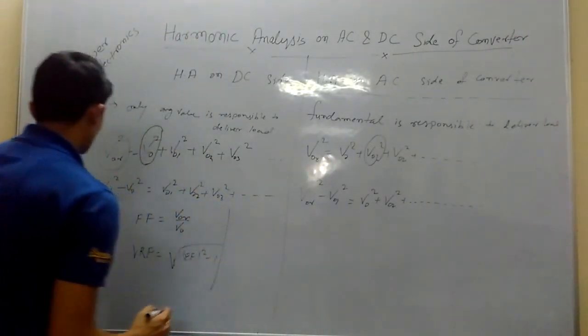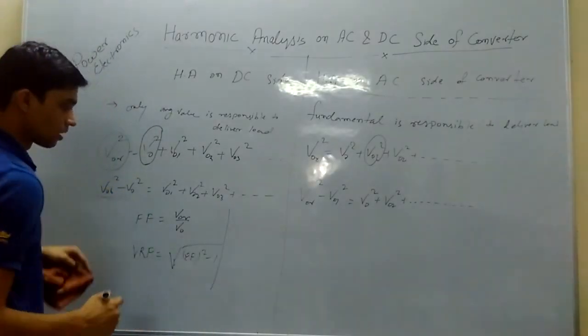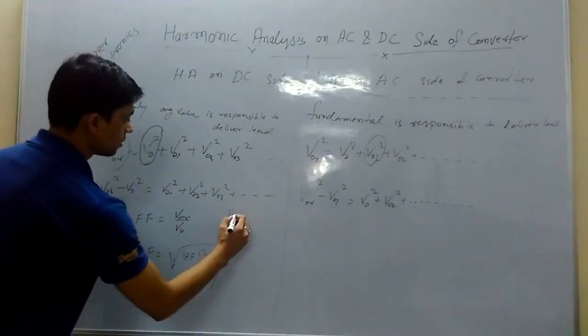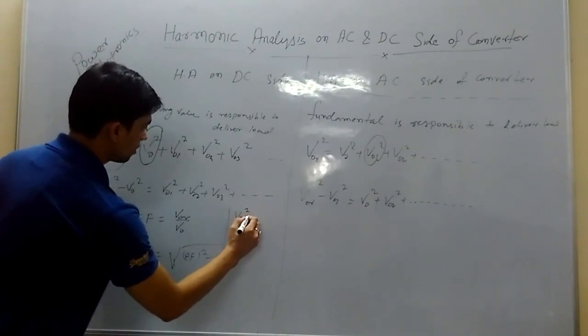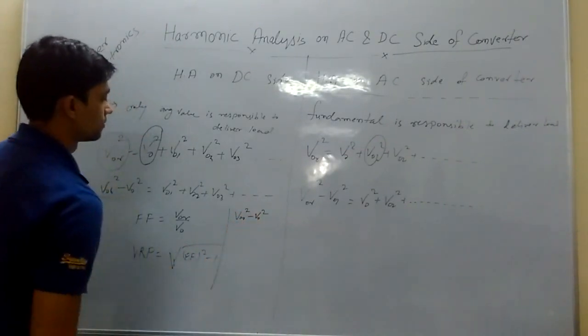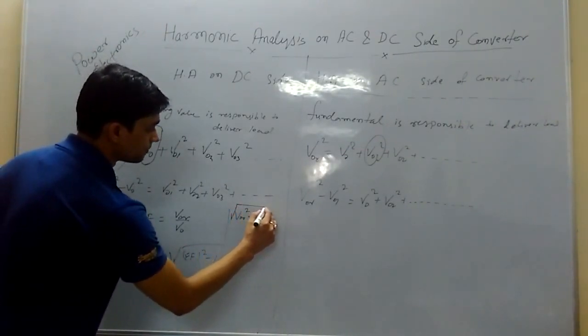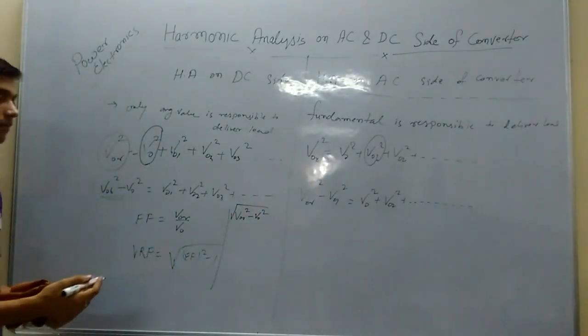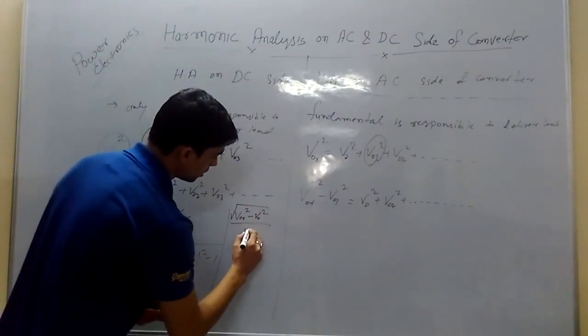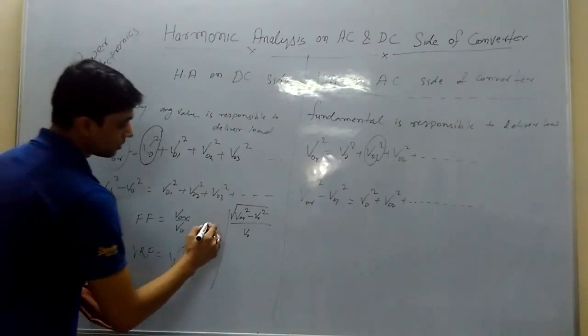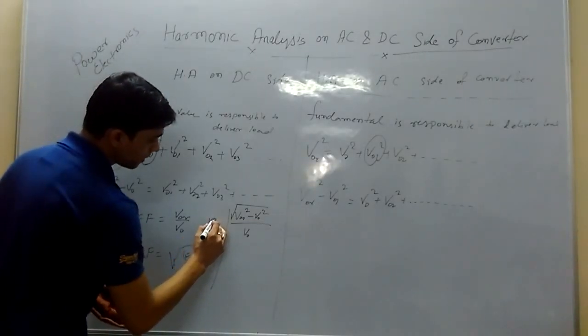As your total unnecessary thing is the square root of VOR square minus V0 square, you have to divide it by the average value, which is your necessary thing. This is known as the voltage ripple factor.